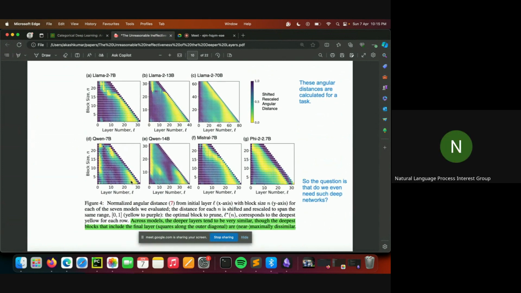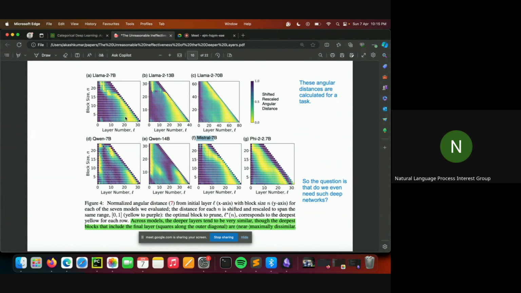So basically, this yellowish color shows the angular distance between layers. And you can see that across different models like Llama and Qwen. For Qwen it is a bit different, but Llama and Mistral have the same kind of pattern of this yellow angular similarity between these layers.